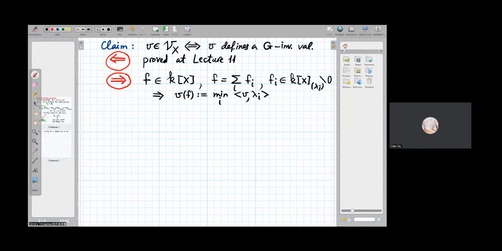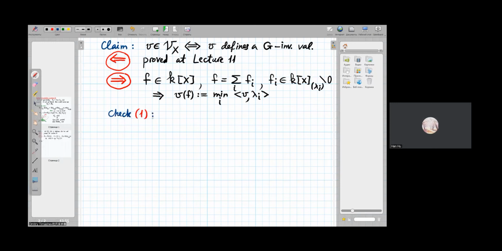It remains to check that the map v from functions to rational numbers given by this formula is indeed a G-invariant valuation. Actually, the only non-trivial thing is to check the first condition in the definition of valuation, Condition 1, which is the multiplicative condition.